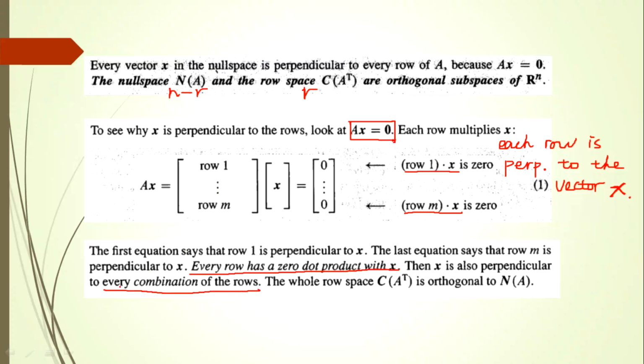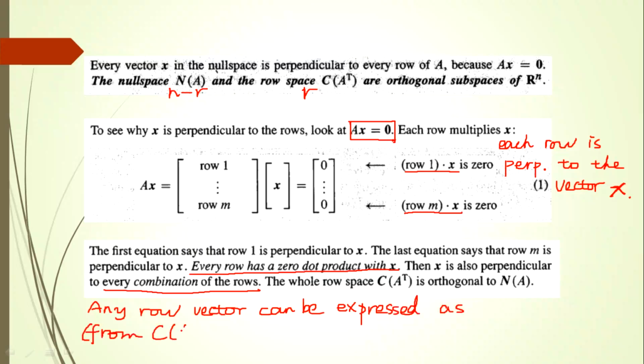So did you get it? Any row vector from the row space, how can we denote the row space? Column space of A transpose, right?